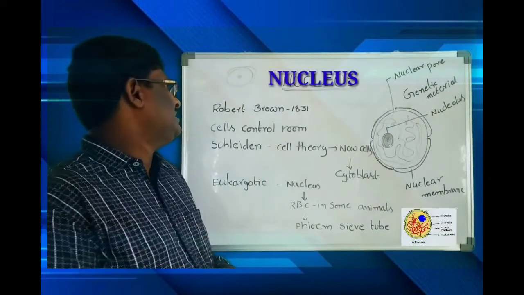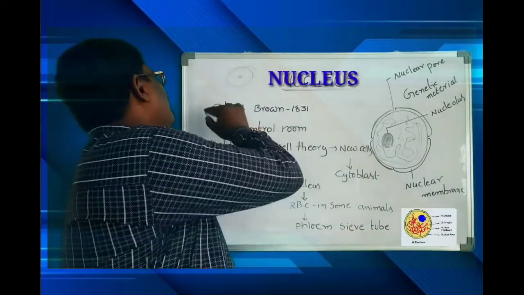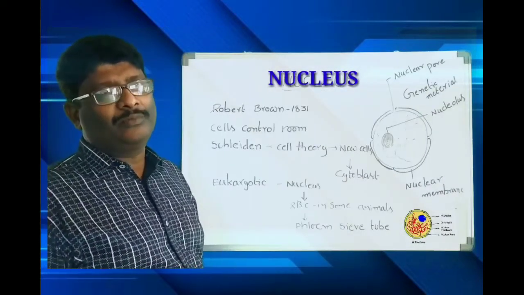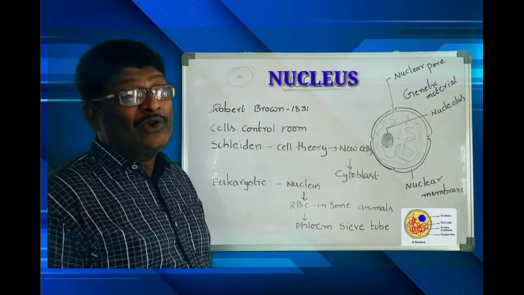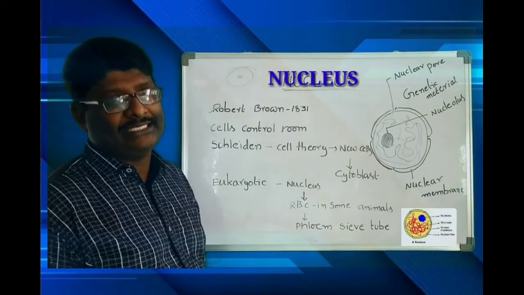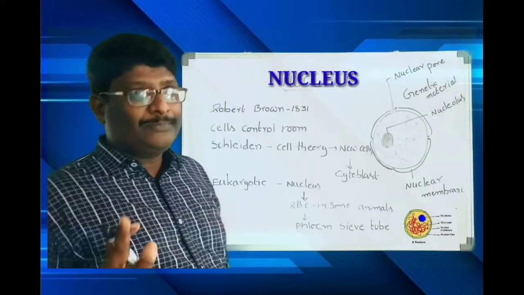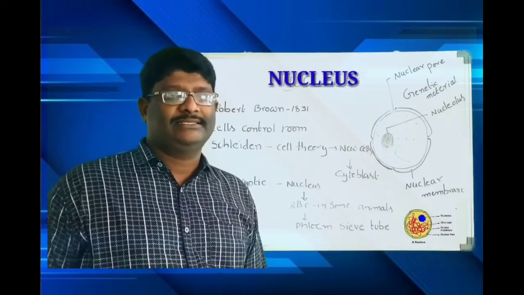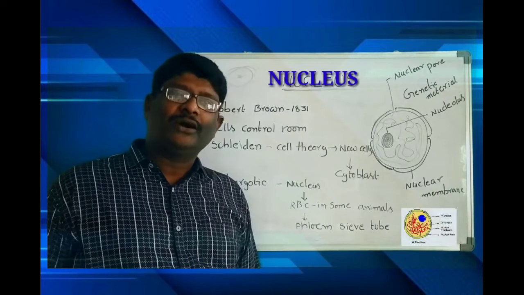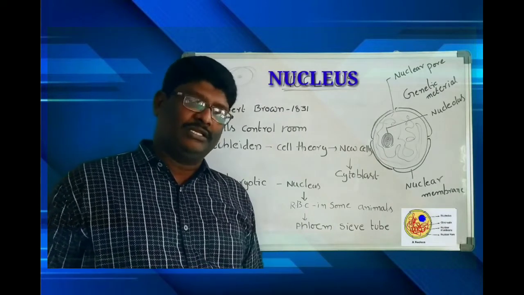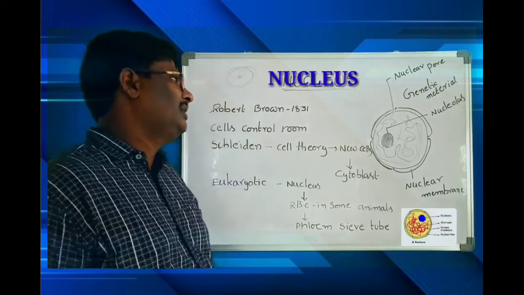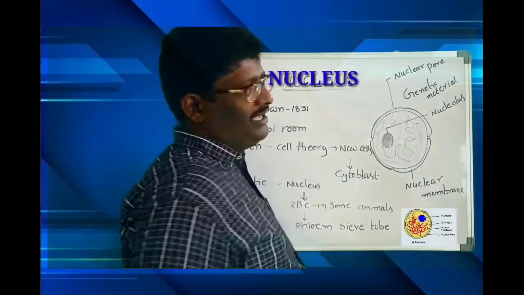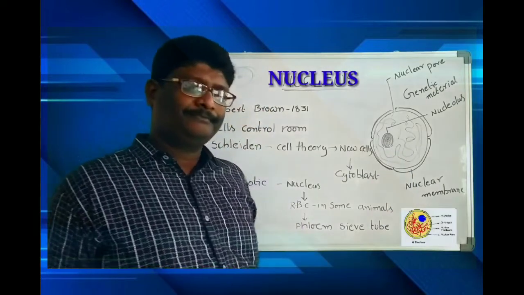So we will see, Robert Brown, who is that? The scientist named Robert Brown discovered the nucleus in the year 1831. He is the first person to discover the nucleus in cells, in 1831.